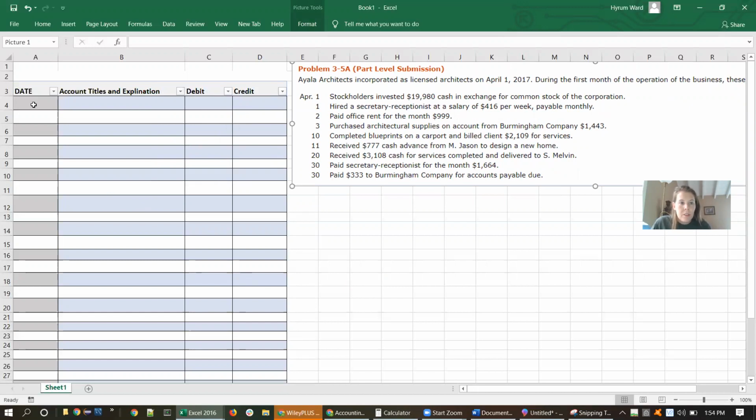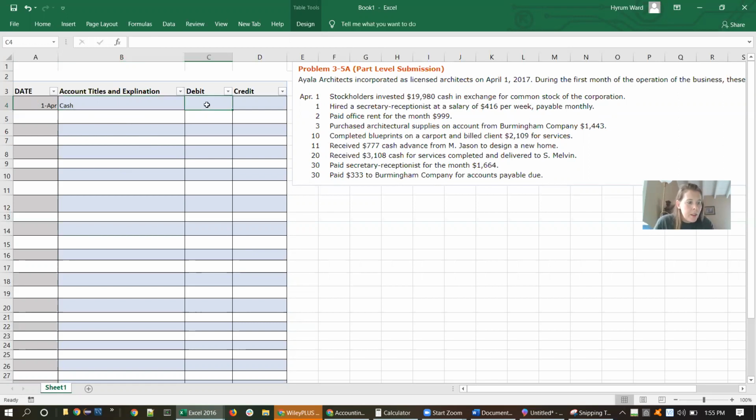So to start the journaling, first we're going to put in the date of April 1st. And then it says for April 1st, stockholders invested $19,980 in cash in exchange for common stocks for the corporation. So for the first line, we're going to put cash.